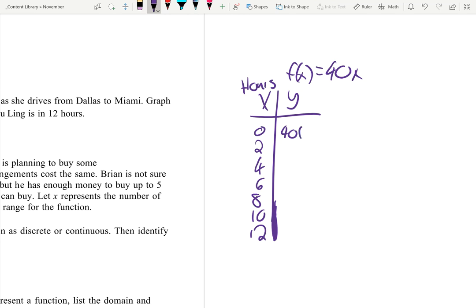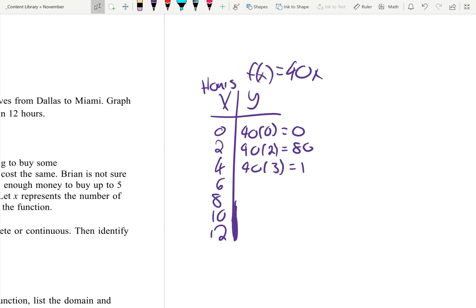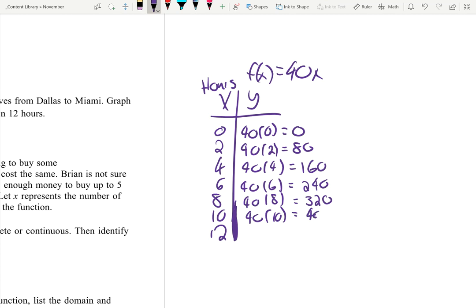So we'll have 40 times 0, which is 0. 40 times 2, which is 80. Oh, wait, no, 40 times 4, sorry, 160. 40 times 6, which is 240. 40 times 8, which is 320. 40 times 10, which is 400.